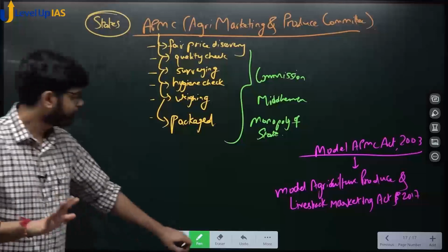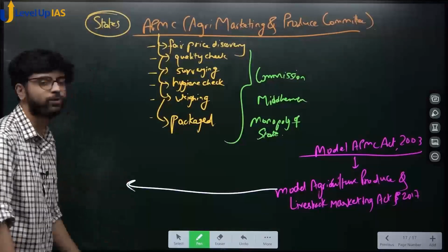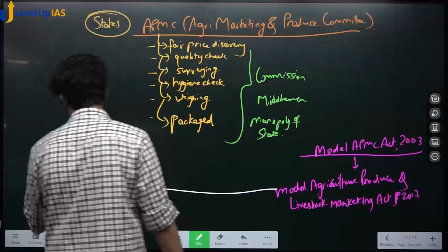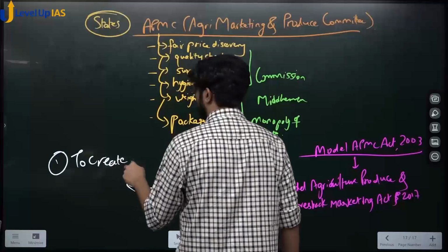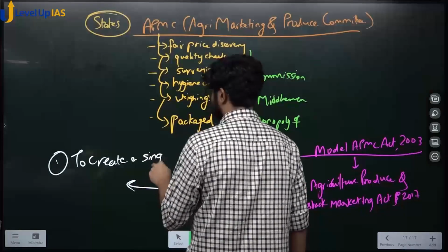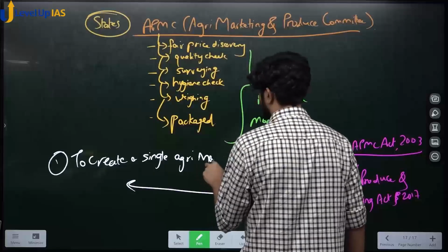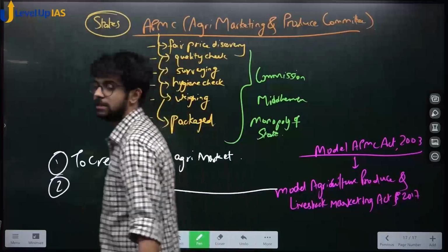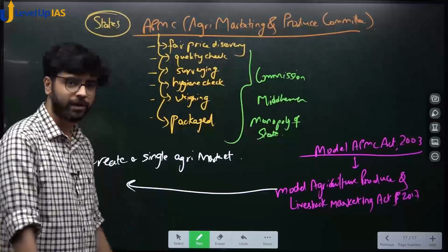APLM, 3 objectives you should know by heart, 1, 2, 3, finish, done, because this is new. APMC 2003 nahi bhi pata hoga, it's okay. To create a single agri market, 1. Second, better price realization for farmers.